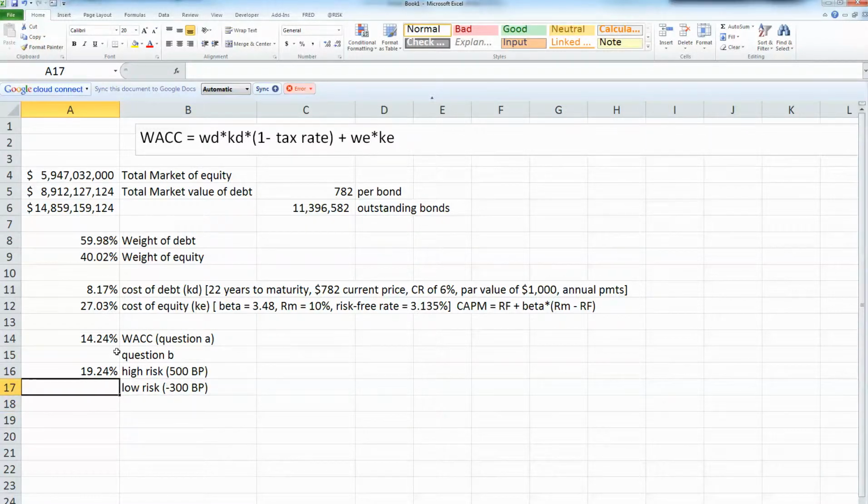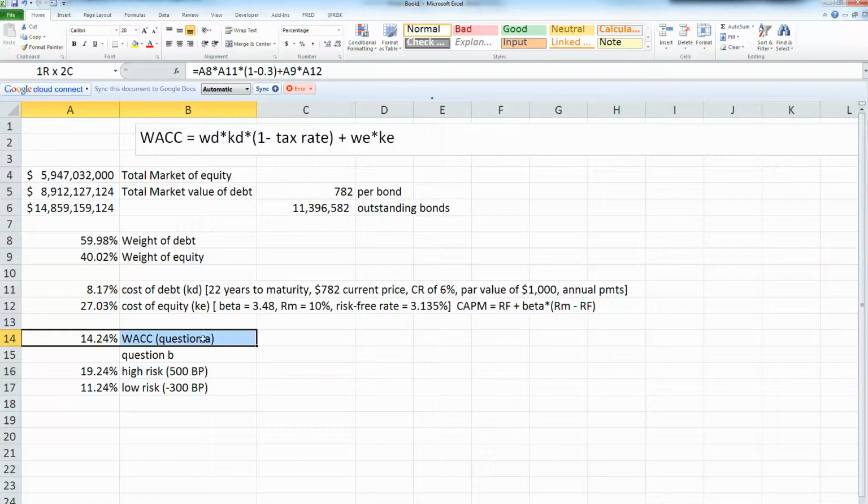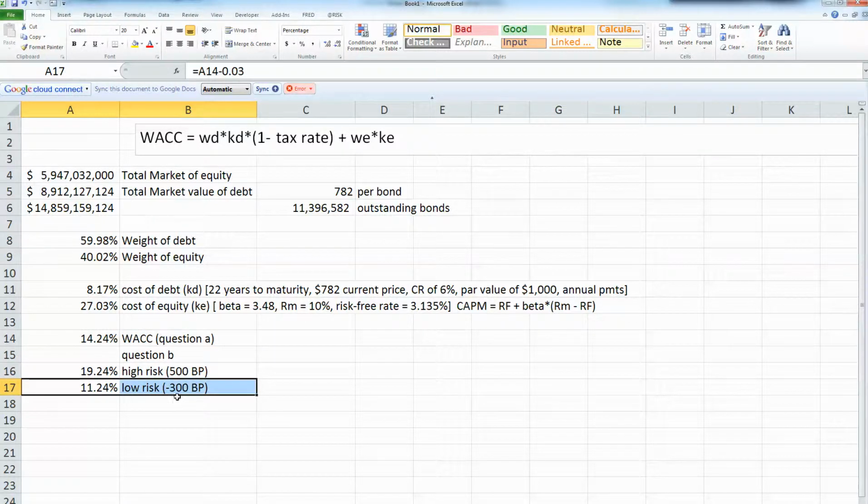So I would take the weighted average cost of capital and deduct 0.03. So essentially what Royal Caribbean would do is, if they were thinking about undertaking a high-risk project, that's their hurdle rate they would use for it. If they were going to review an average risk project, they would use the 14.24% discount rate. And if they were evaluating low-risk projects, they'd use this 11.24% discount rate.